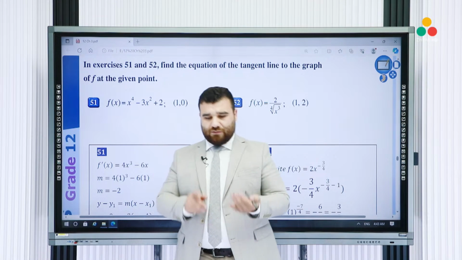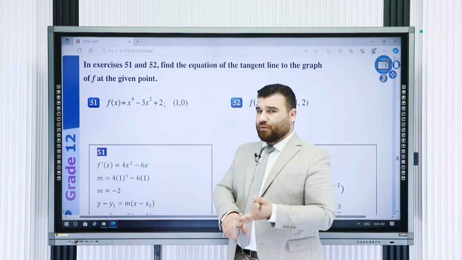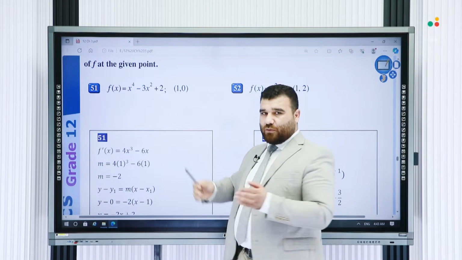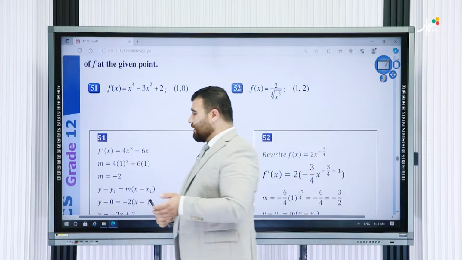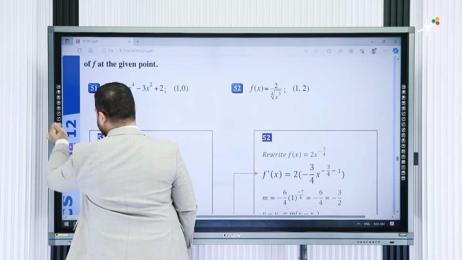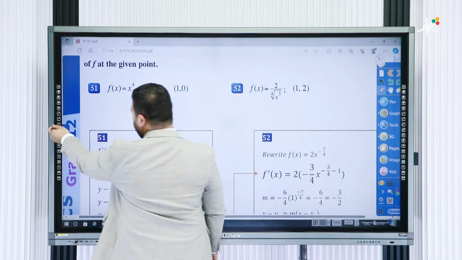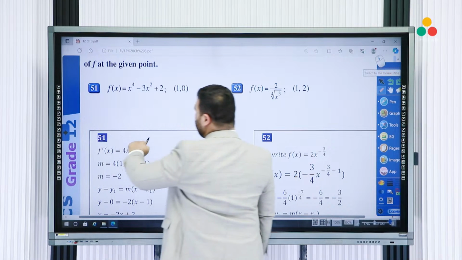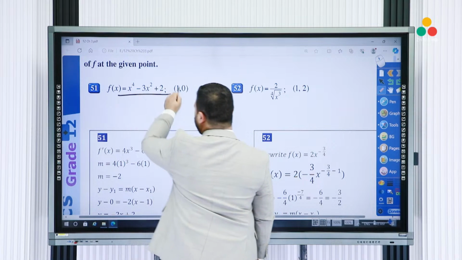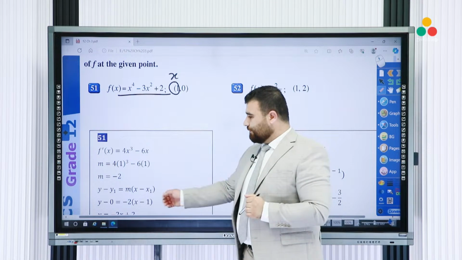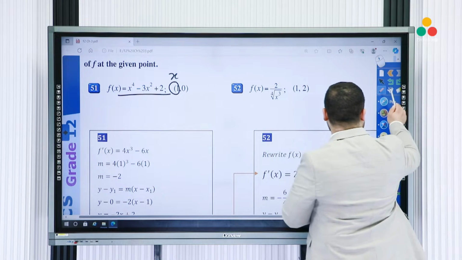Since it's a straight line, we need to know the slope and a point. The point we already know. The slope, we have a way to find it. What is the way? Derivative. After we find the derivative of this, put 1 in place of x, and what we get is the slope. Let's go through the answer.